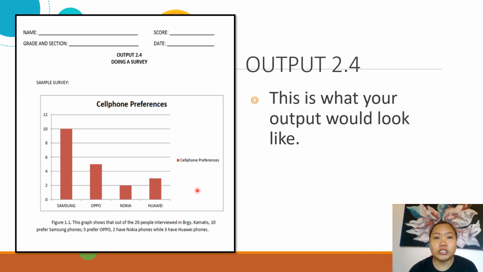You can still do the survey, but you will ask members of your family. They don't have to have a cellphone. The question is which cellphone they like. It doesn't mean that they have the cellphone. So just ask, which cellphone do you like? It's just a preference.